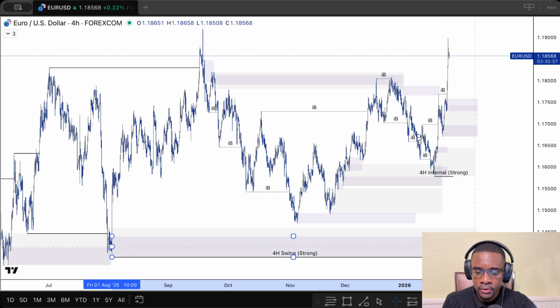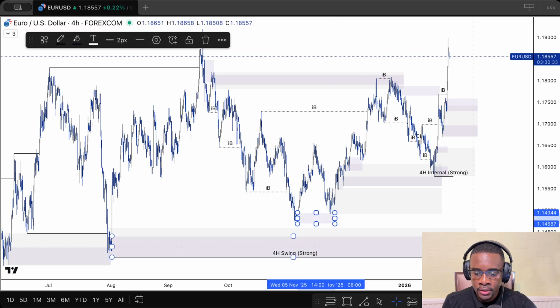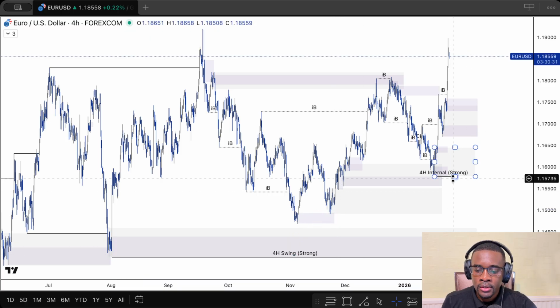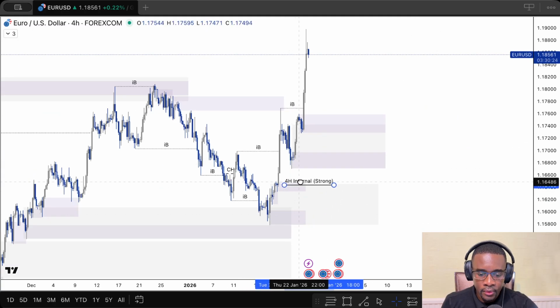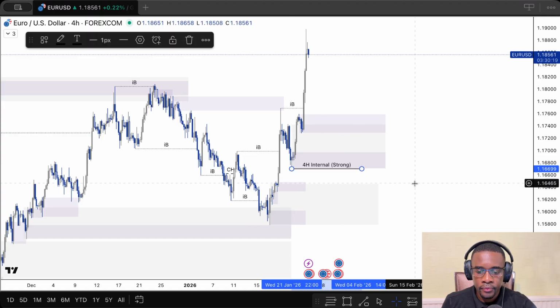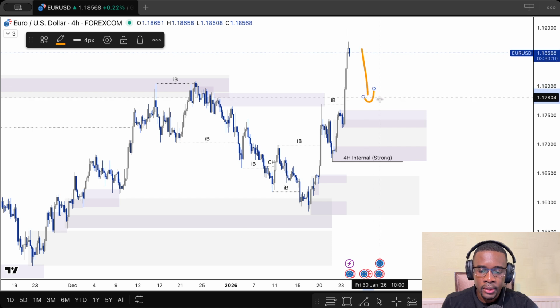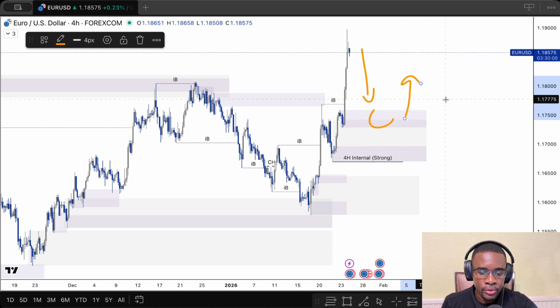This is extremes. This one has already been mitigated, this one not, but this is the range that we're working with right now, the range for our internal. We've broken structure to the upside. After this strong move, we are expecting a pullback to this area before price continues to the upside.